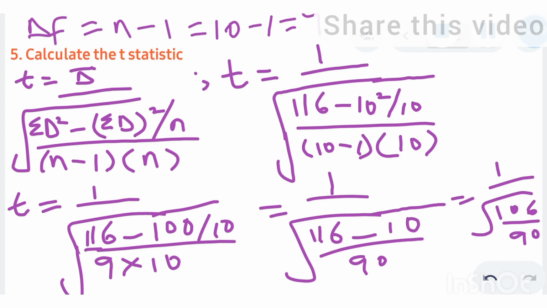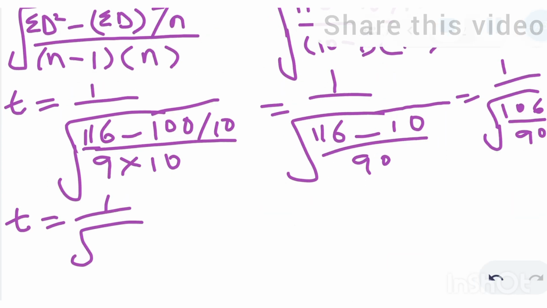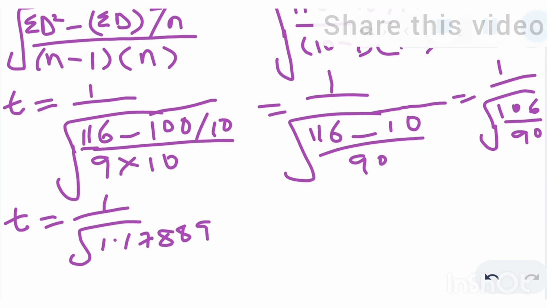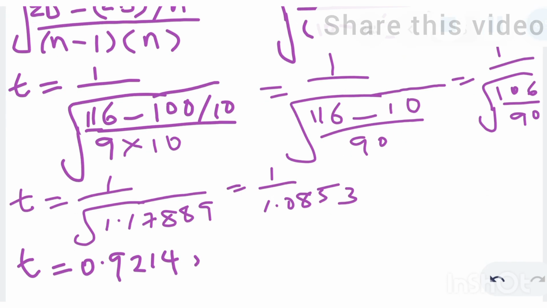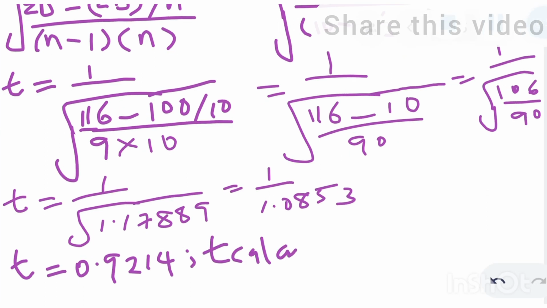That gives approximately 1.179. The root of 1.17889 gives 1.0853. And so our t value is 1 divided by 1.0853, which equals 0.9214. Therefore, t calculated equals 0.9214.